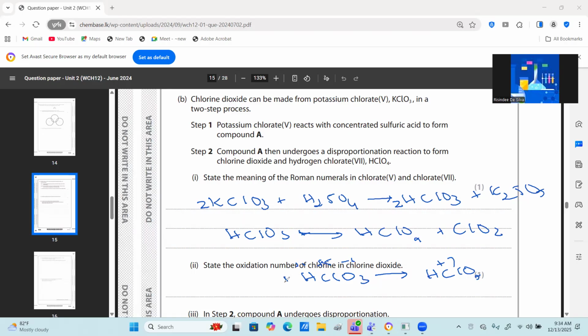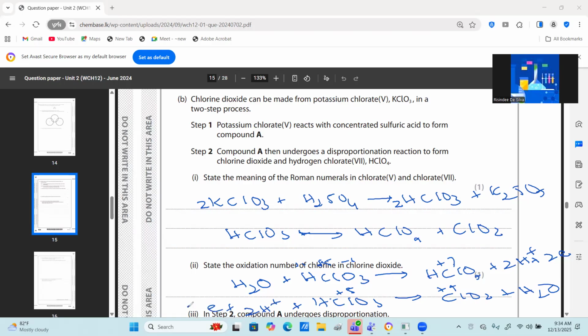Then I need to put water molecule this side and 2 H plus. This is +5 and this is +7 and 2 electrons. If you take the other one, ClO2 +4 +5. Then I need to add one water molecule to this side, 2H plus 1E.